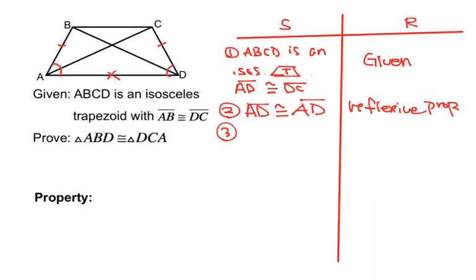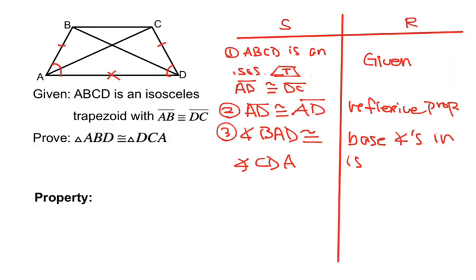Step number 3. Then angle BAD must be congruent to angle CDA. Why? Because base angles in an isosceles trapezoid are congruent.